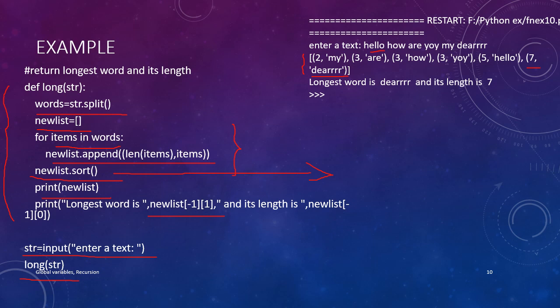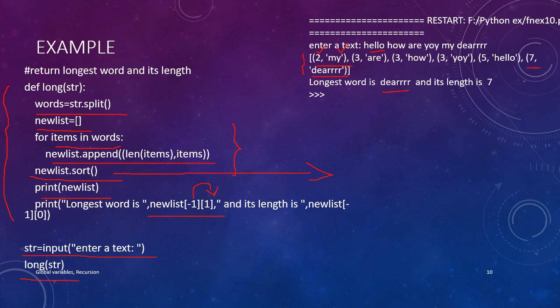What is the purpose of this minus 1, 1? In the list we are adding two elements: the first content is the length and the second content is the string.